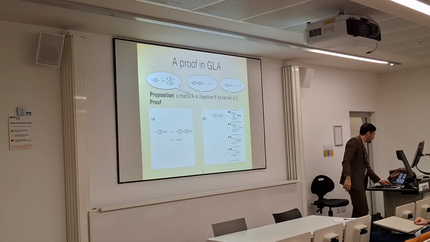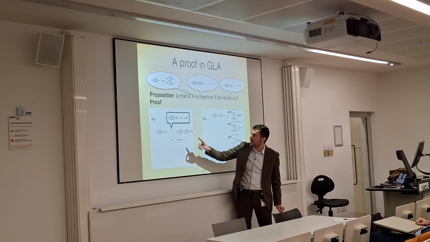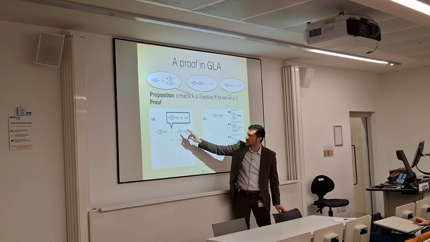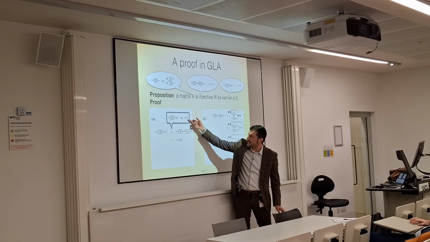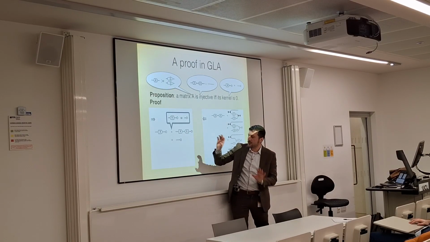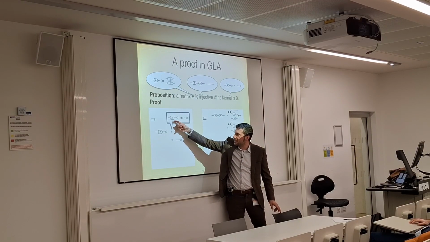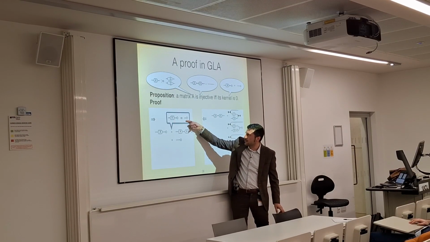So let's focus on the left first. Here we are using, sorry, not our assumption, here we are using the fact, an axiom of the theory of Hopf algebras reversed. The theory of Hopf algebras reversed says that we can cancel out any backward scalar, so we can cancel out also any backward matrix.